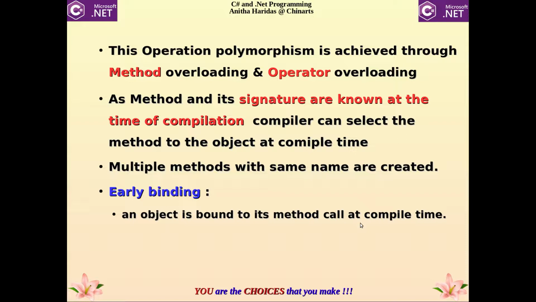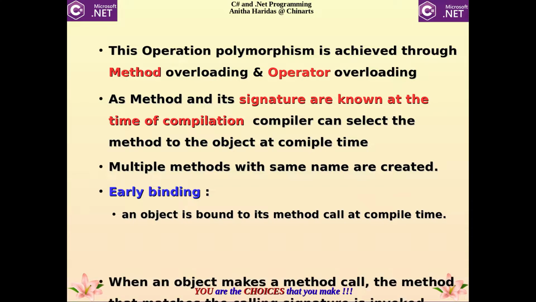That is why we call it early binding. Whereas in runtime polymorphism, the binding happens only during execution, not at compilation. Here, the binding of the object with the method call happens at compilation time itself, so we call it early binding.